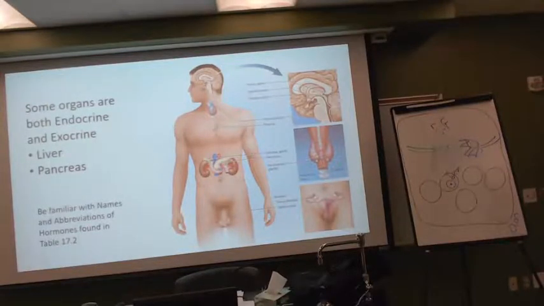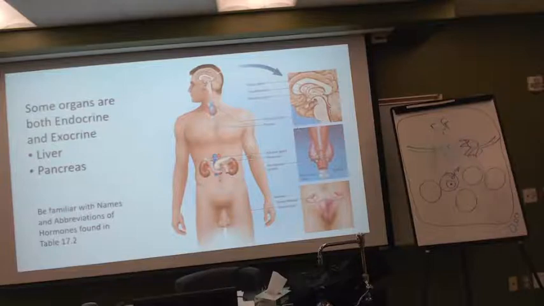When we begin to look at the organs, the ones that we will see, now liver, I will say this right now about the liver: the liver is so unique. You could probably spend an entire 2 semesters on that one organ.